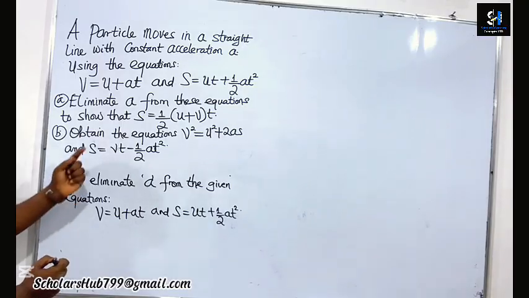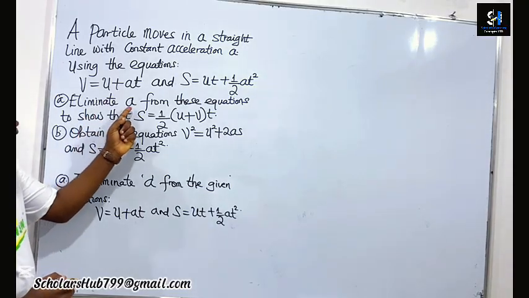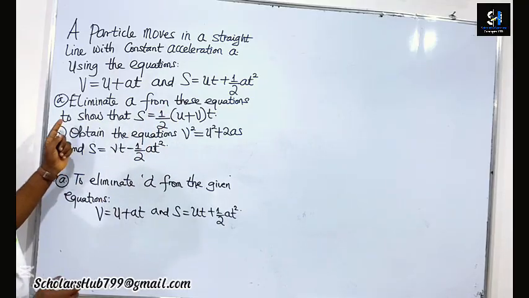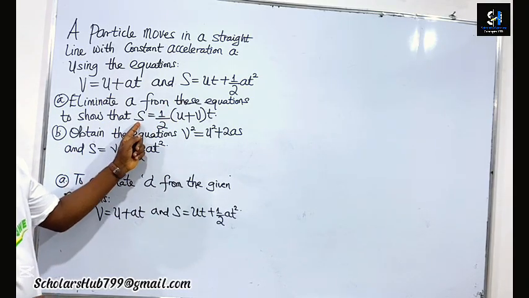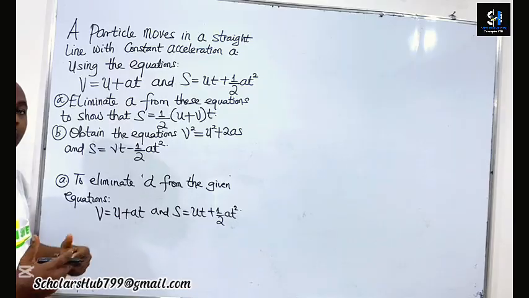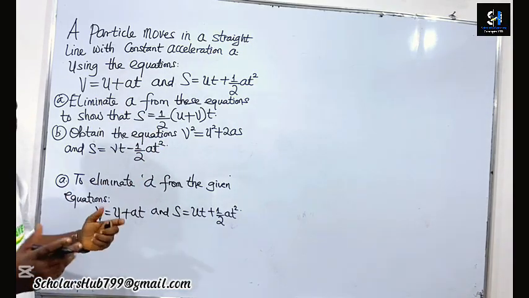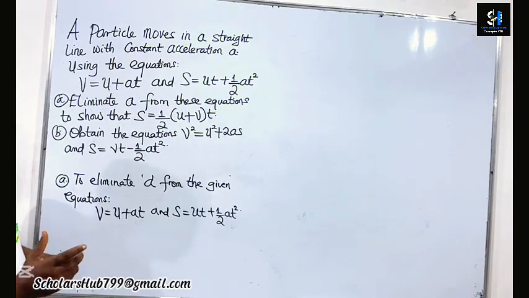Now I want to get rid of a from these two equations such that I will be able to have an equation for s, which will equal 1/2 of the product of the sum of initial and final velocity and time.